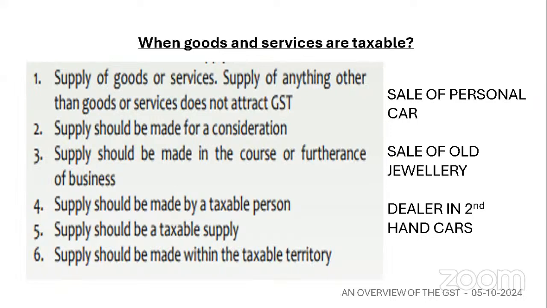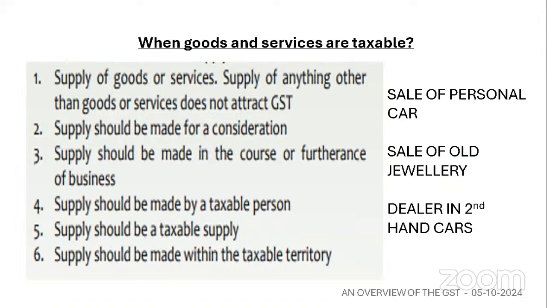Here, one point should be noted: there are two kinds of transactions. One is intrastate supply of goods and services, then interstate supply of goods and services. When a particular dealer sells goods or services to another dealer who is also in the same state, it is called intrastate supply.